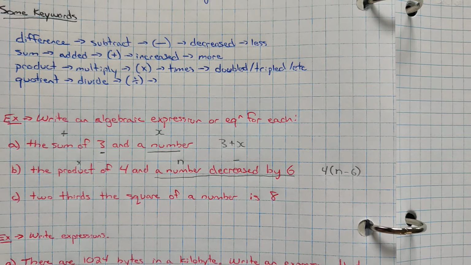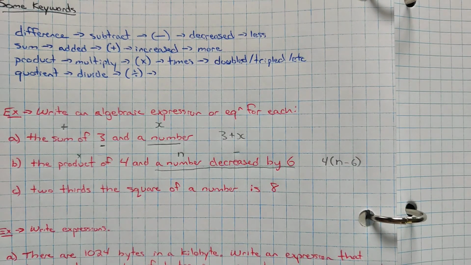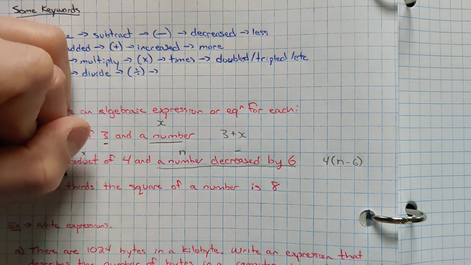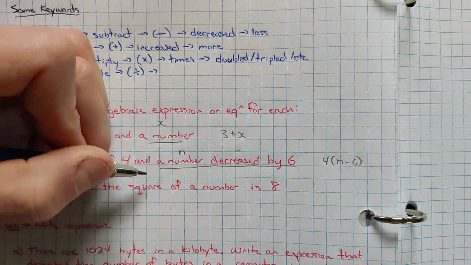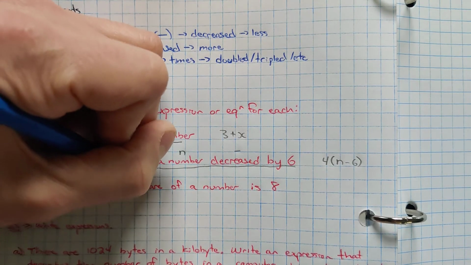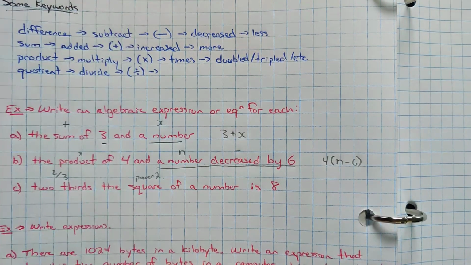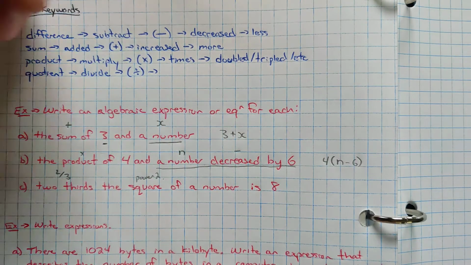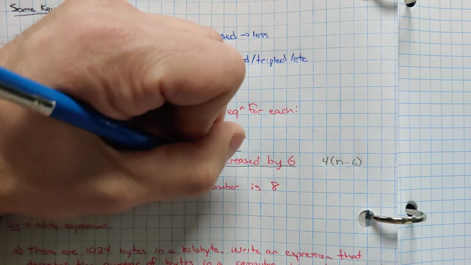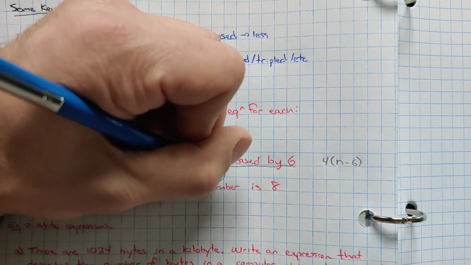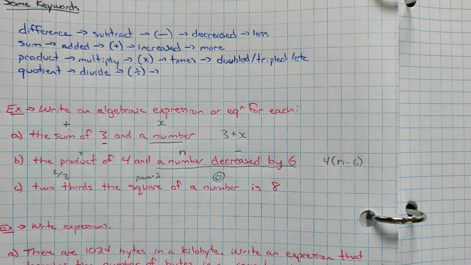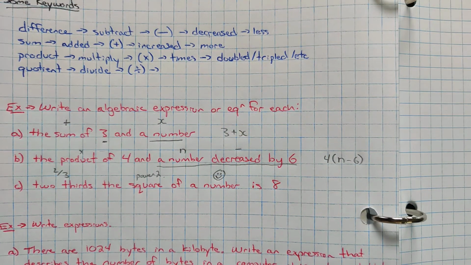In the last one, 2/3 the square of a number is 8. So 2/3, 2 over 3, square means we're going to do to the power of 2. Of a number, let's use a smiley face. It doesn't matter what we use for our variables, as long as they're something to represent a number.